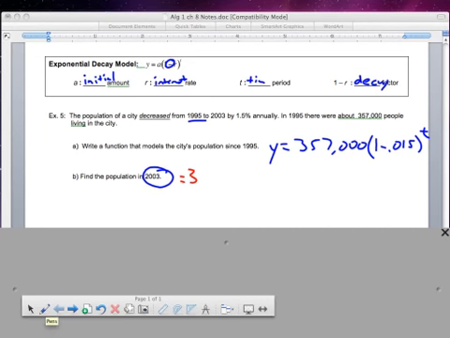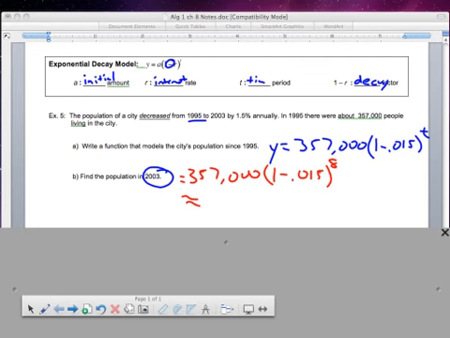So I have 357,000 times 1 minus 0.015 raised to the 8th power. And so now this model tells me that the population now is 357,000 times 1 minus 0.015 raised to the 8th power. And we're getting smaller.